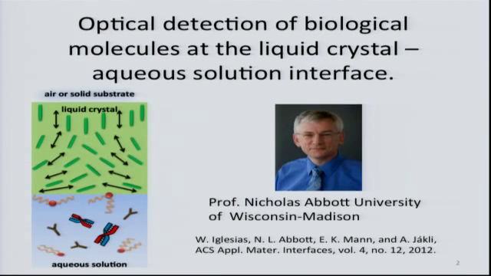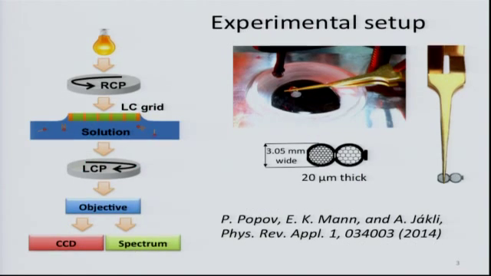This general idea was proposed by Professor Nicholas Abbott, and this approach became very popular in various laboratories around the world. And we have introduced some changes and added some improvements to the basic experimental setup.